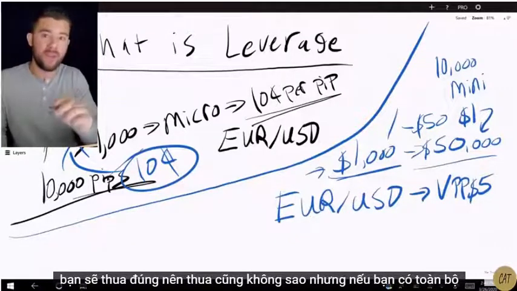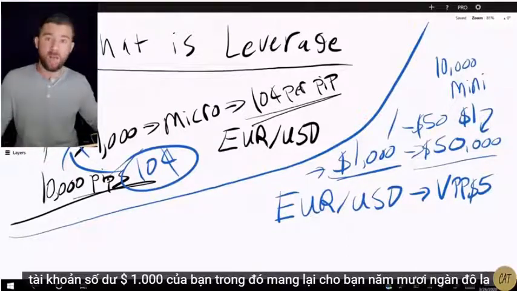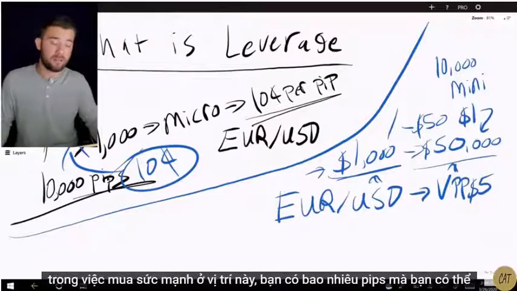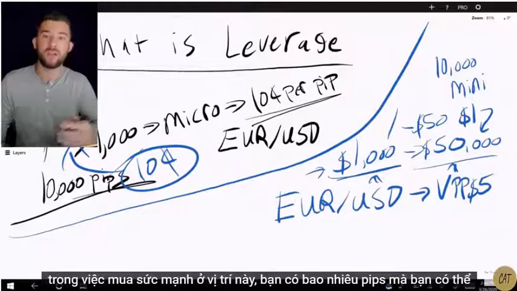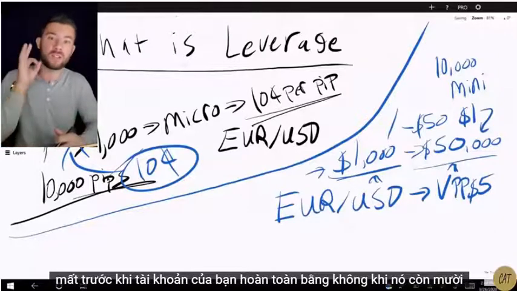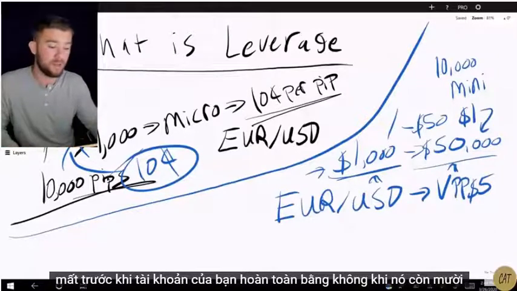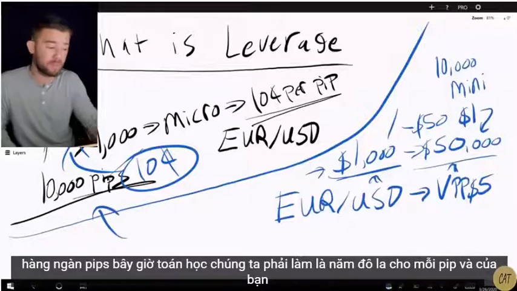But if you have your entire account balance, you have $1,000 in margin, you're $50,000 in position. Hold this position. How many pips do you have that you can lose before your account goes to absolutely zero? Where it was 10,000 pips, now the math we have to do is your $5 per pip and your account balance.